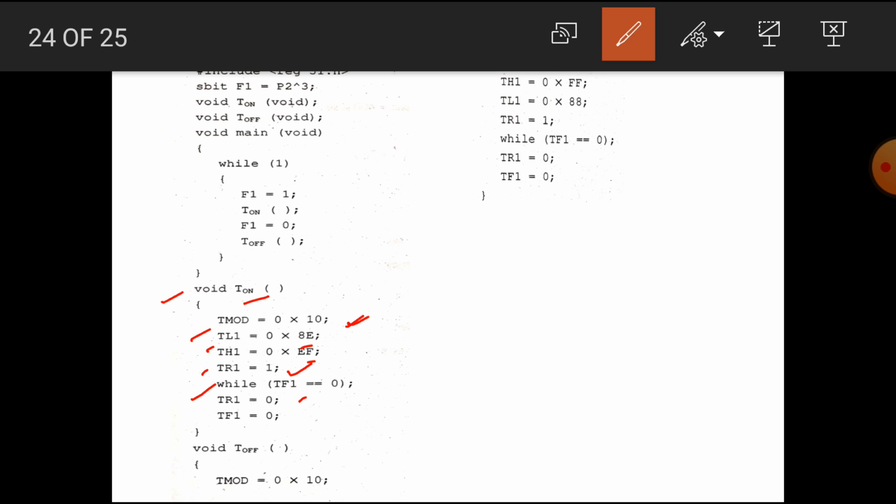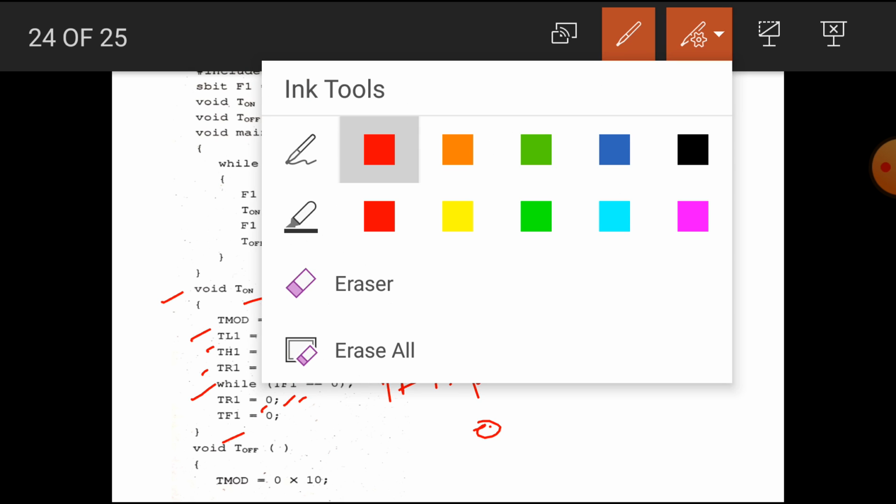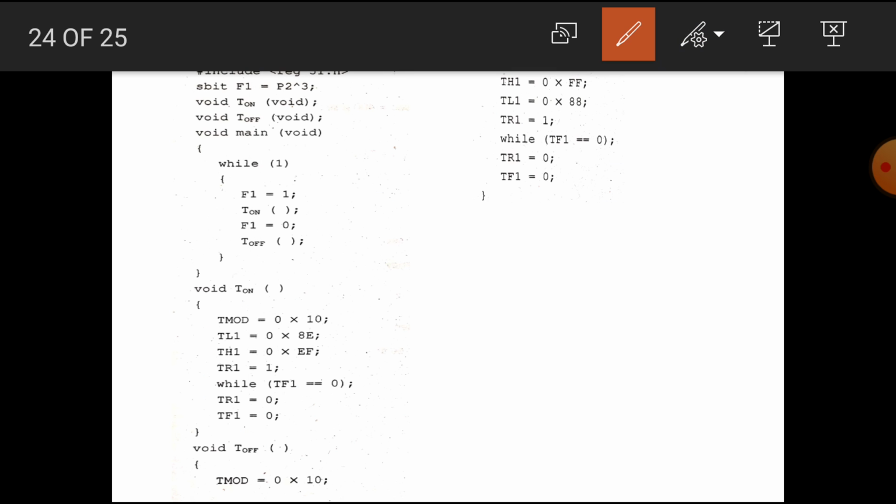Monitor the TF1 flag. If TF1 equal to 1, then stop the timer by TR1 equal to 0, and then clear the TF1 flag. Then similarly we can give the subroutine for the T off.